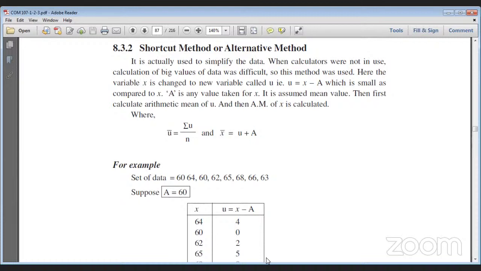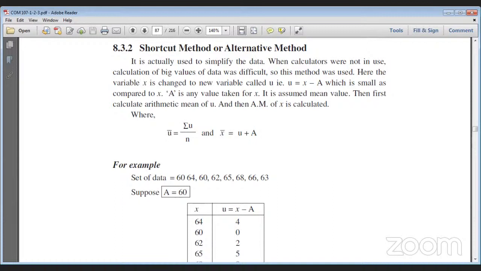Suppose here A is 60, then u is equal to x minus a. 64 minus 60 is equal to 4.